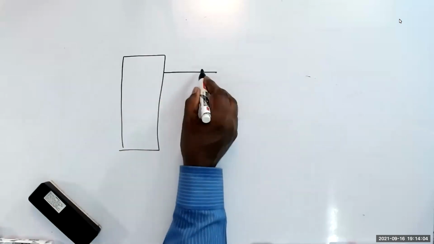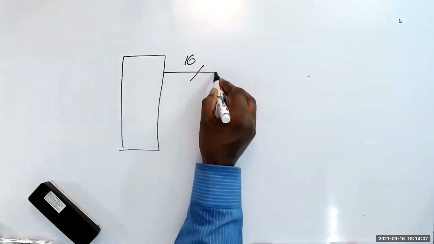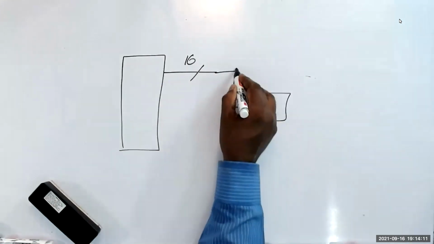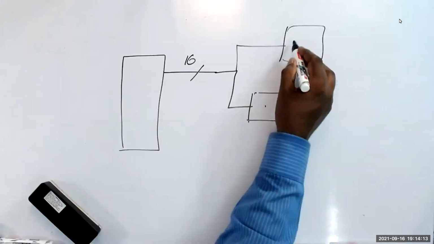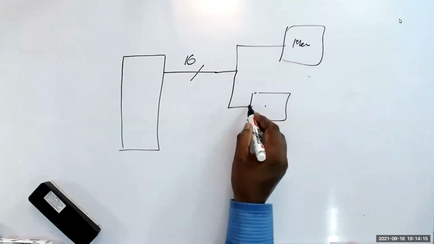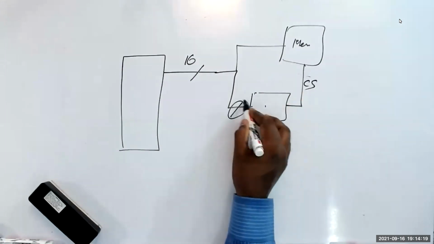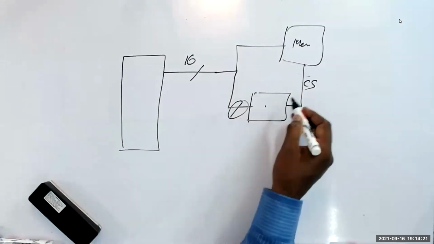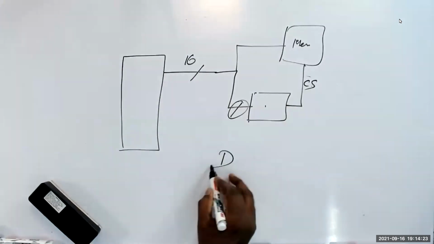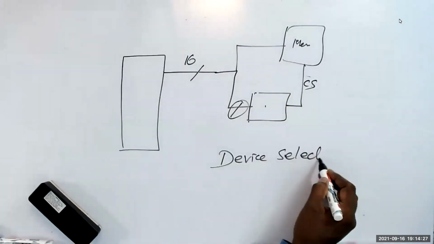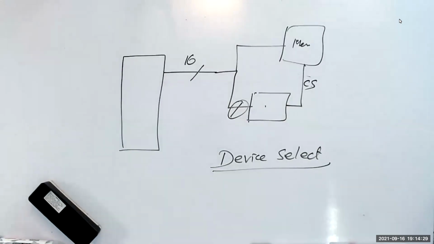The address bus has 16 lines. We use a few lines to select the memory and a few lines for the chip select. In this case, there we call it chip select; here we call it device select. Both are the same, but here they are fixed.